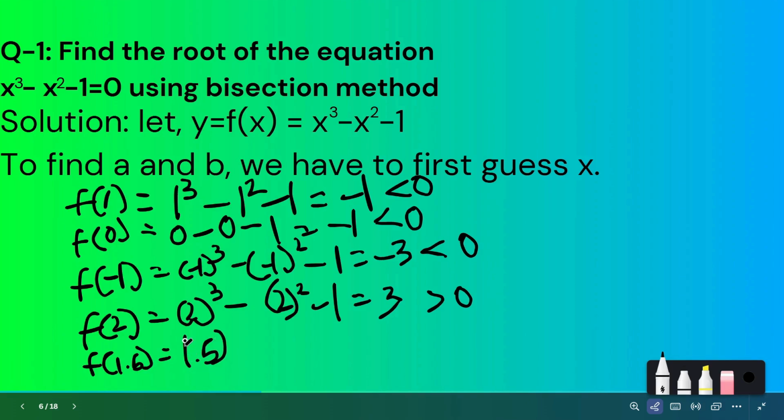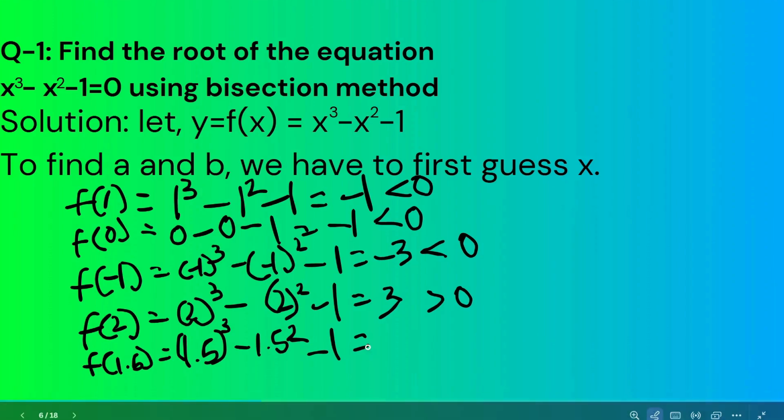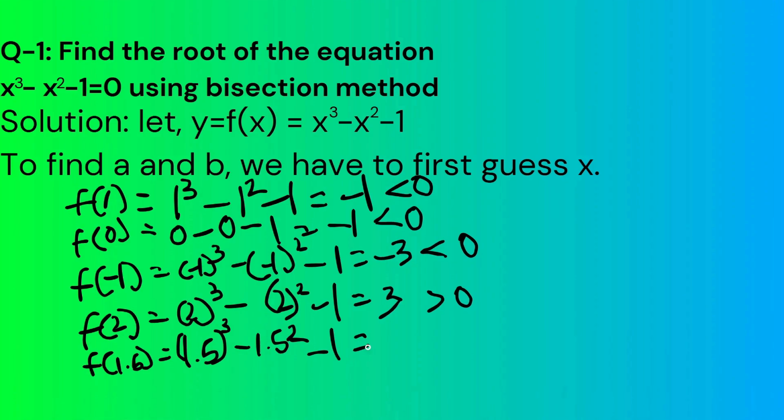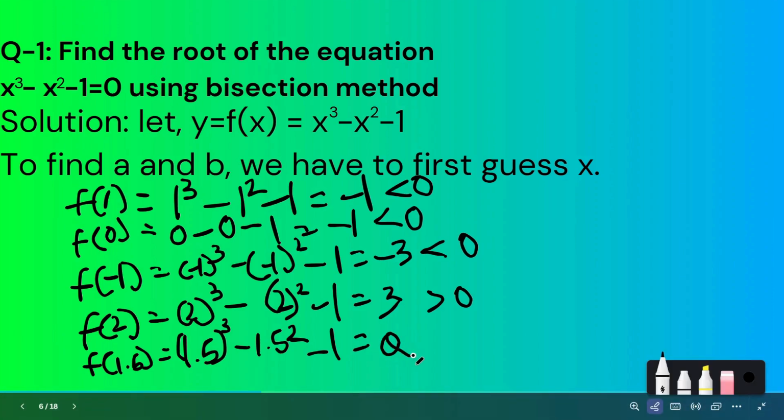1.5 cubed minus 1.5 squared minus 1, how much? The answer is negative 0.125.